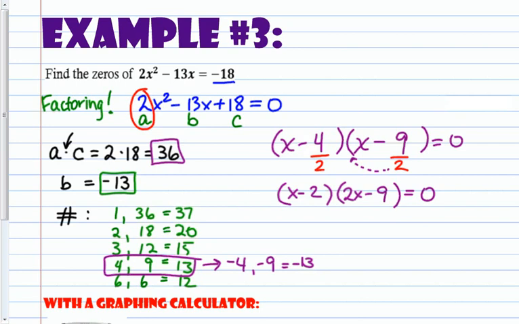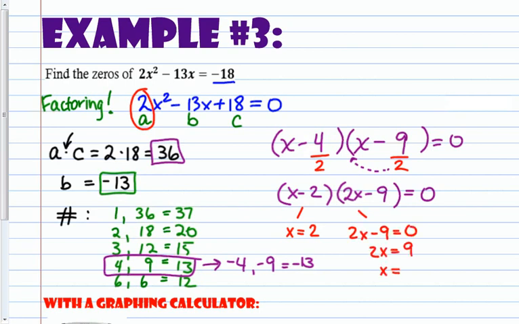So here are my values, and then once again, the zero product property. Something times something equals 0. One of them must be 0. Don't know which one, so we pretend that they're both 0. So x minus 2 equals 0 gives me x equals 2. And 2x minus 9, and I'll write this one out, equals 0. I get 2x equals 9.